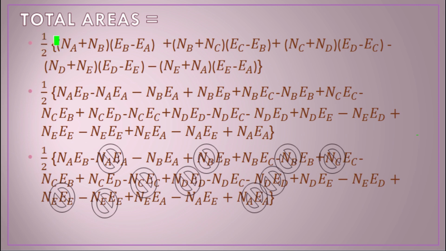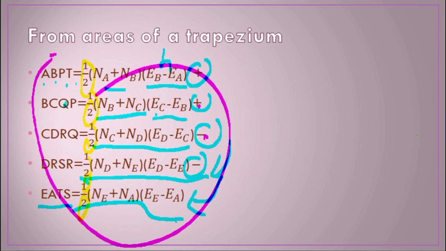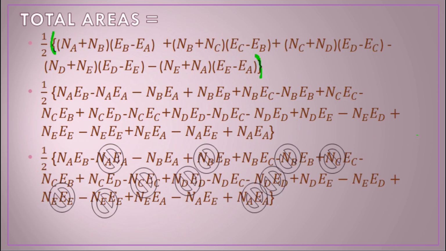So this is a half into, here we have my general bracket. I've taken everything that we have done here and inputted it directly on my simplification.